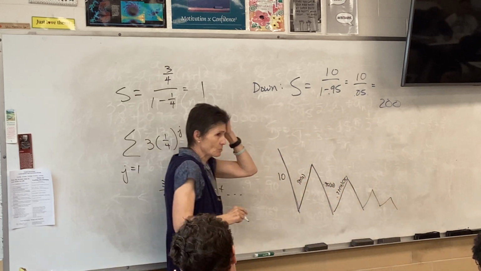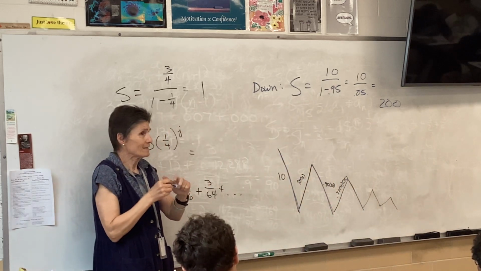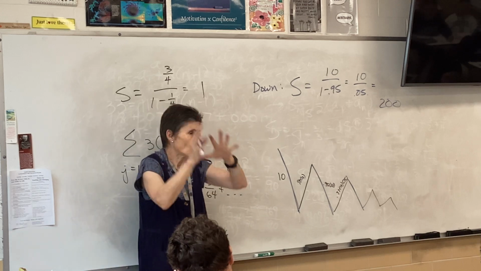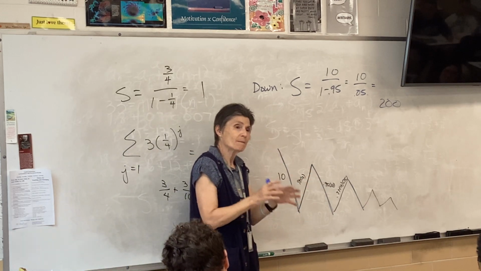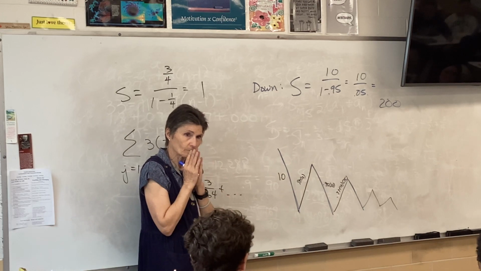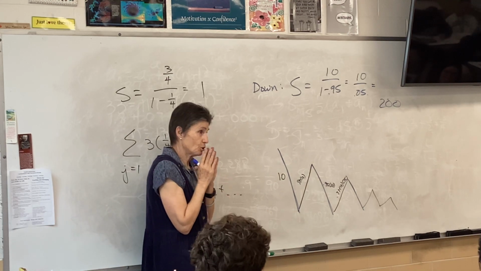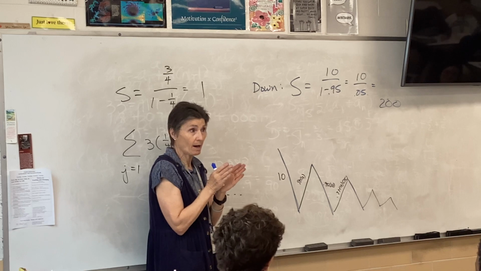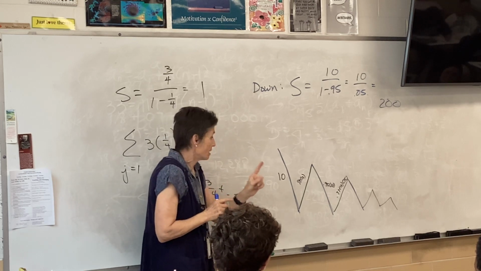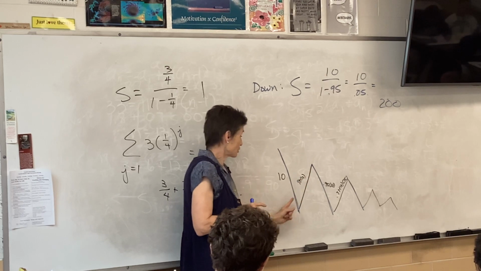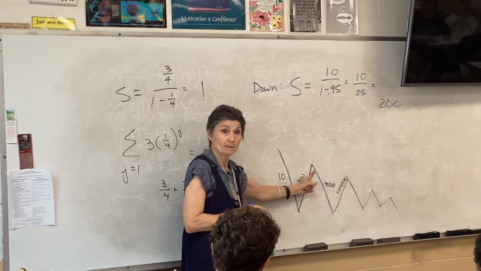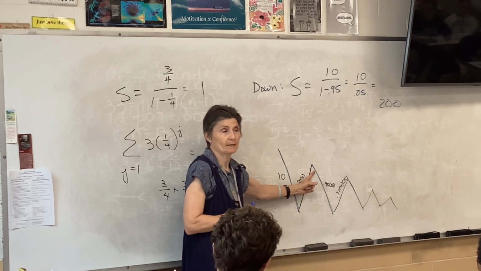Now, that is not the answer to the question. What is that? That's all of the downs. Now, what about the ups? Well, could you do the same thing with the ups, except the first up is not 10, right? So you would have to start with this as your first up, but could you do it? Absolutely.